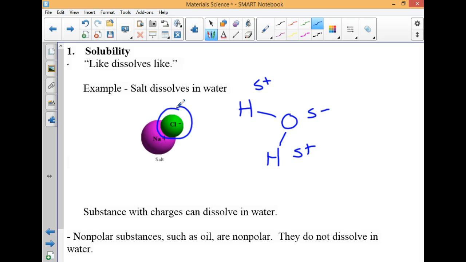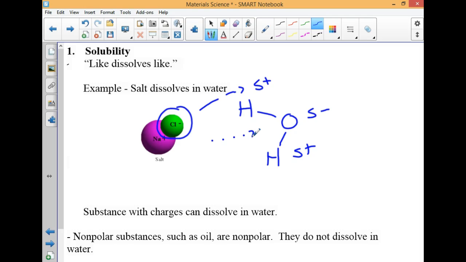This negative side is going to be attracted to the positive sides of the water molecule. This positively charged sodium is attracted to the slightly negative side of oxygen. So polar molecules will dissolve with polar molecules. Nonpolar molecules will dissolve with nonpolar molecules.